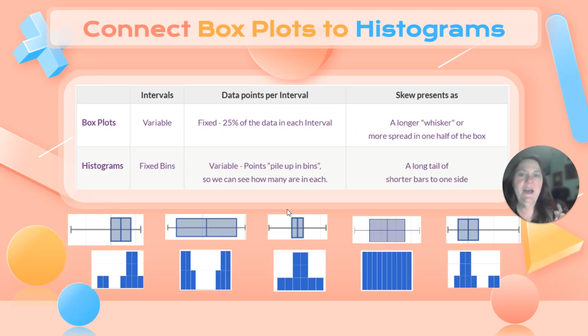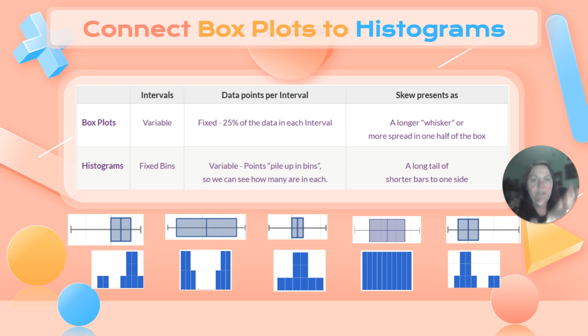And so this chart will be in the slides for the students and in your lesson, but here are the differences between box plots and histograms, what they do differently. The intervals for a box plot will vary depending on 25% of the data, how far it goes, but the number of points per interval is fixed at that 25%. Whereas in histograms, you fix the bin size.